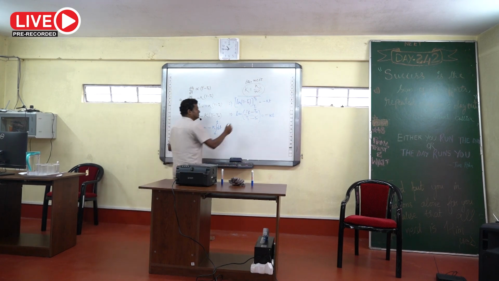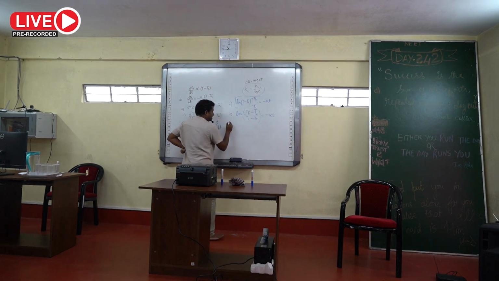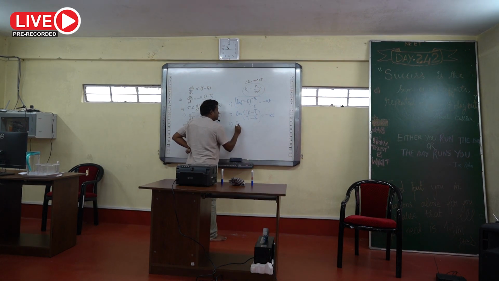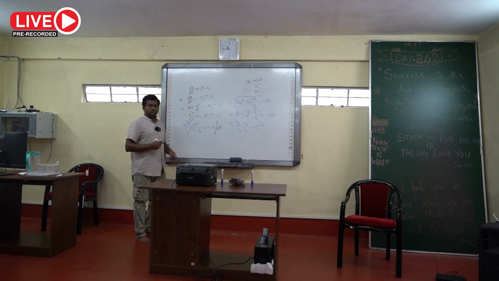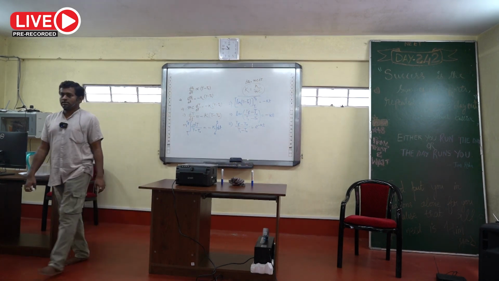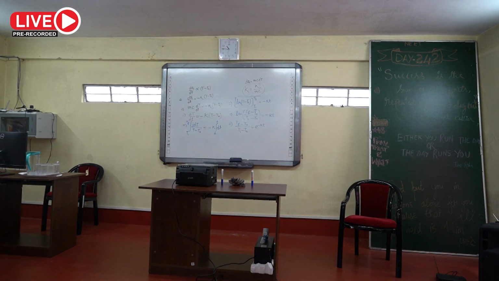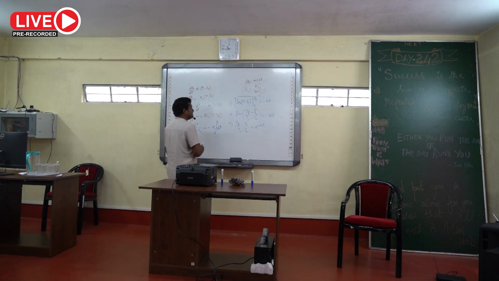Then Tf minus T naught by Ti minus T naught is equal to e to the power minus kt. So remember this form.